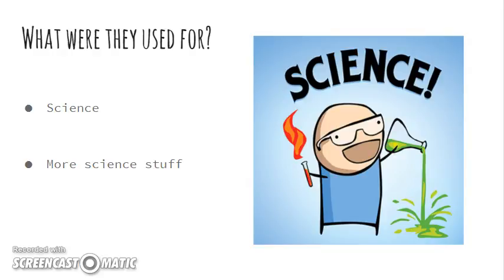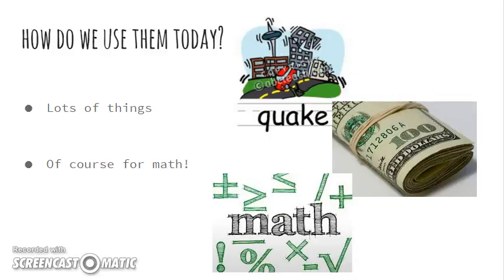And more science. Lots of science stuff. And yes, I said were instead of are because logarithms aren't usually used for science anymore. But they made a lot of contributions in the early 1600s to fuel the scientific revolution because scientists spent less time writing out mathematical equations. Logarithms had a very good reputation during those times.